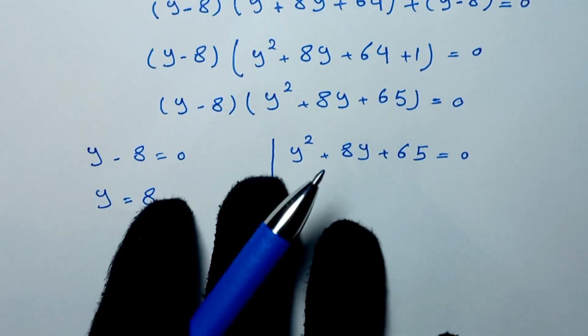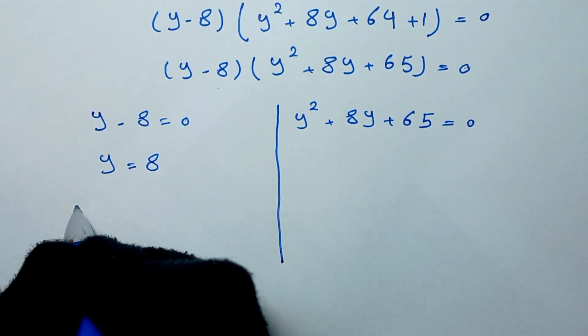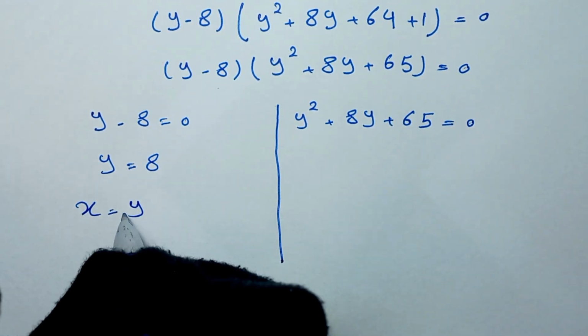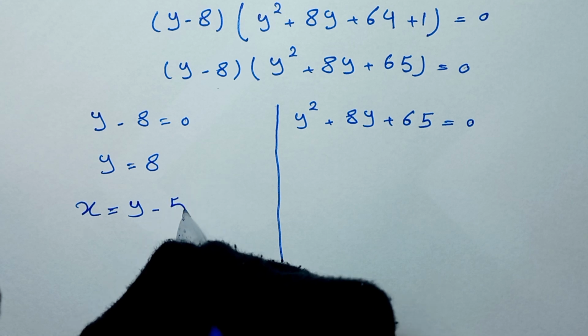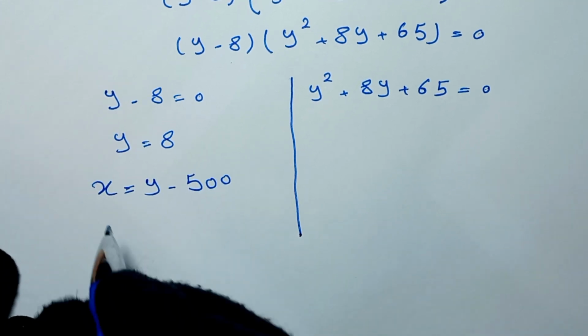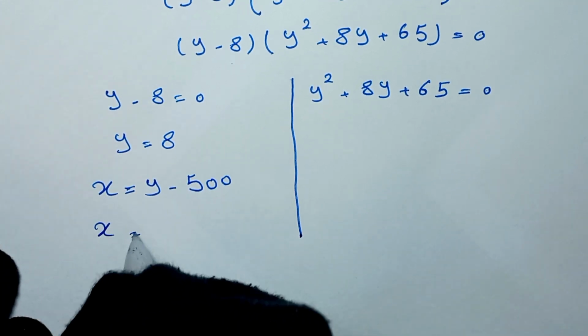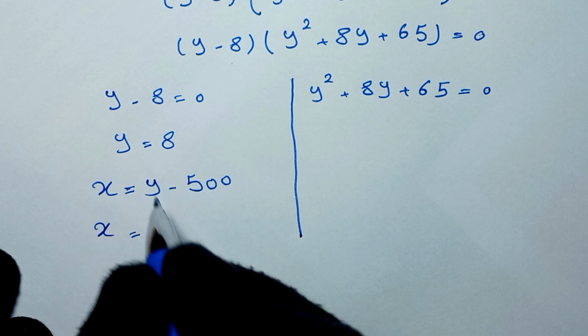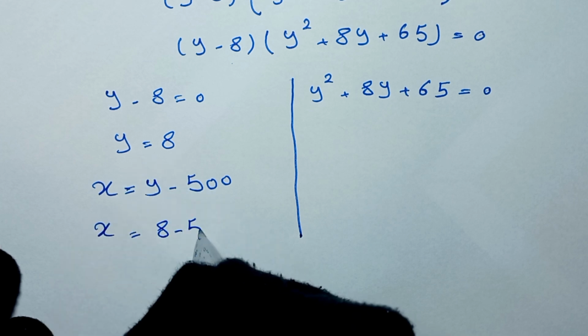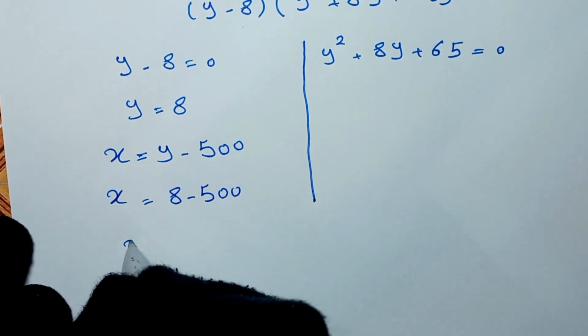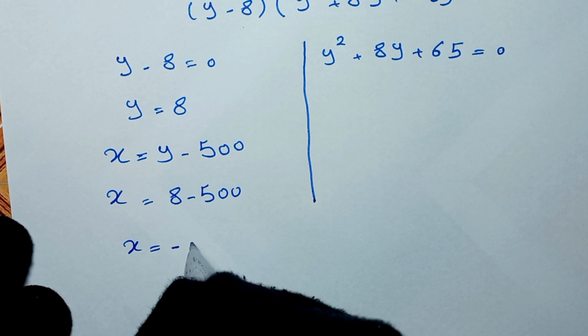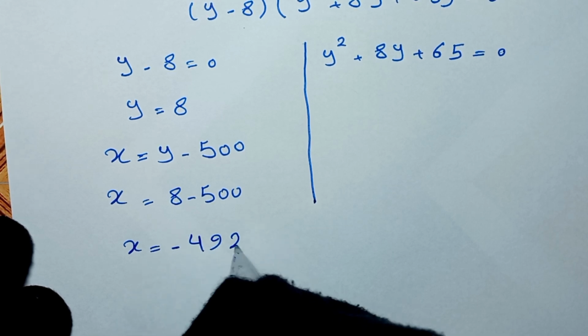So x is equal to y minus 500, and from here, y is 8, so x is 8 minus 500, and x is equal to negative 492.